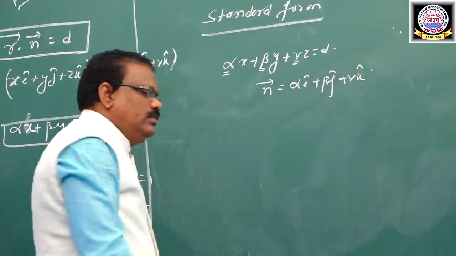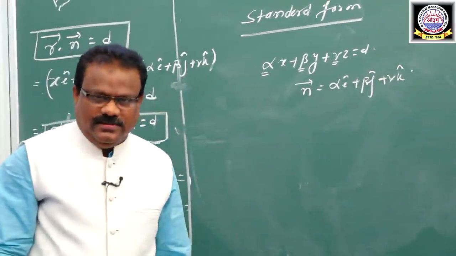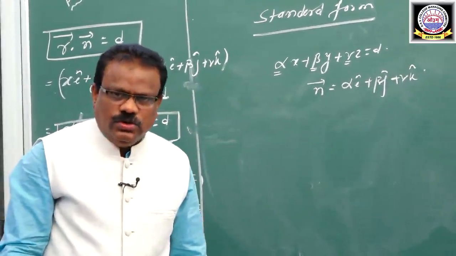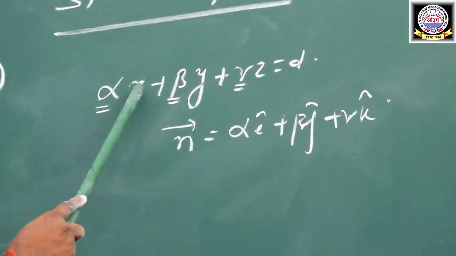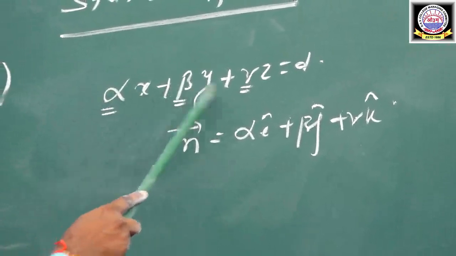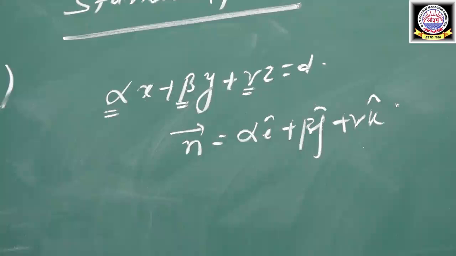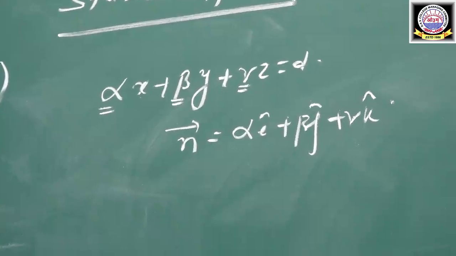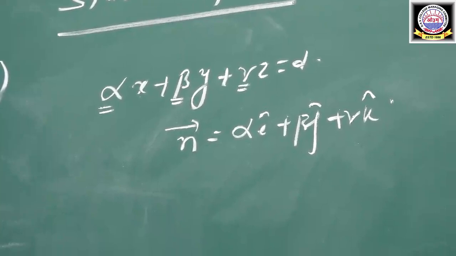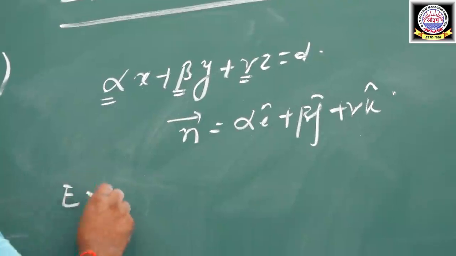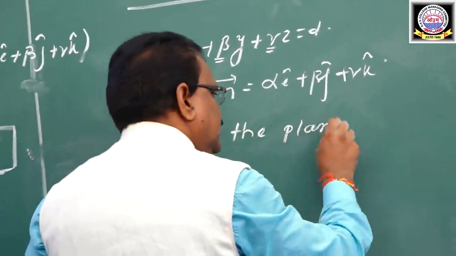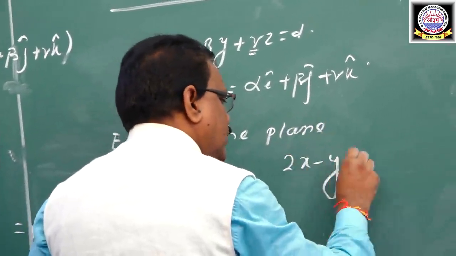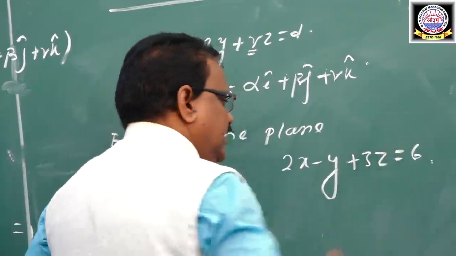Now students, note down, in the equation of the plane, the coefficient of x is alpha, y is beta, z is gamma, and that is the direction ratio of the perpendicular vector, that is n vector. For example, for the plane, say 2x minus y plus 3z is equal to 6.